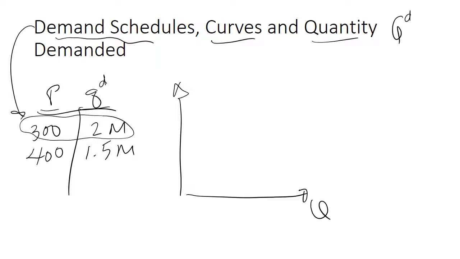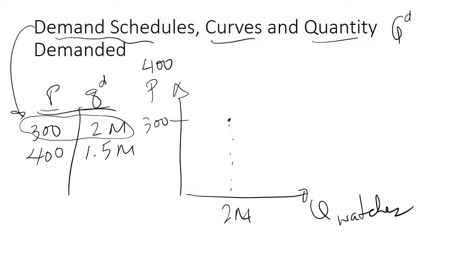We're going to put quantity on the horizontal axis. We're going to put price on the vertical axis. And at price 300, we know that folks were interested in 2 million watches. Okay? We raise the price to 400.